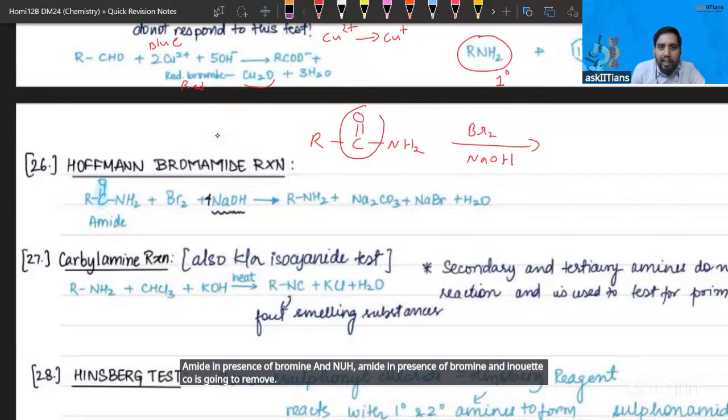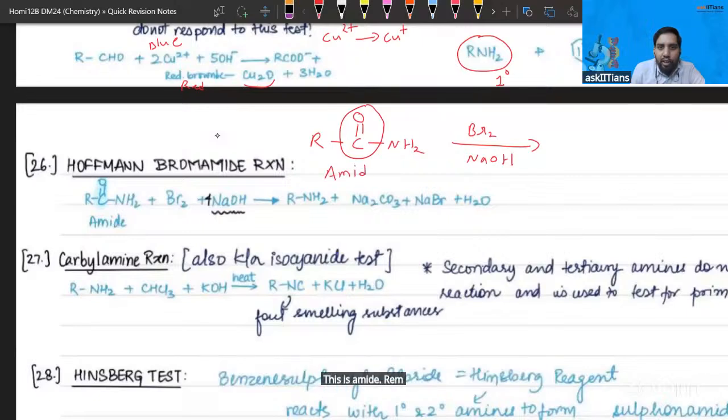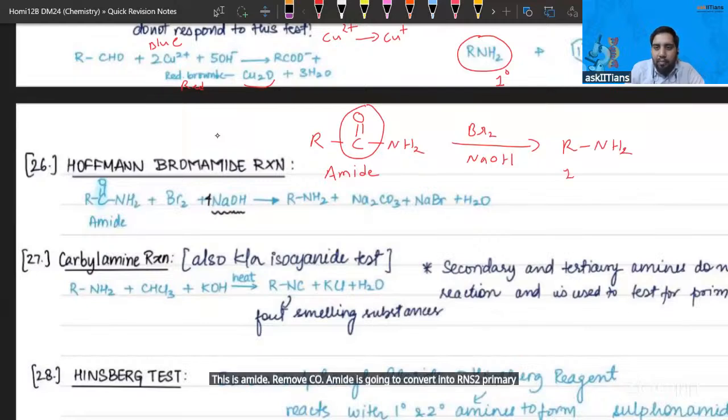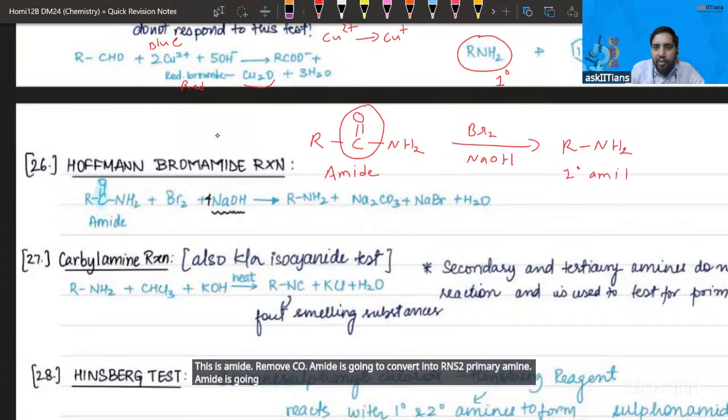This is amide. Remove CO. Amide is going to convert into RNH2, primary amine. So you should only remember the reagent and product. Side products are sodium carbonate, NaBr, and H2O.